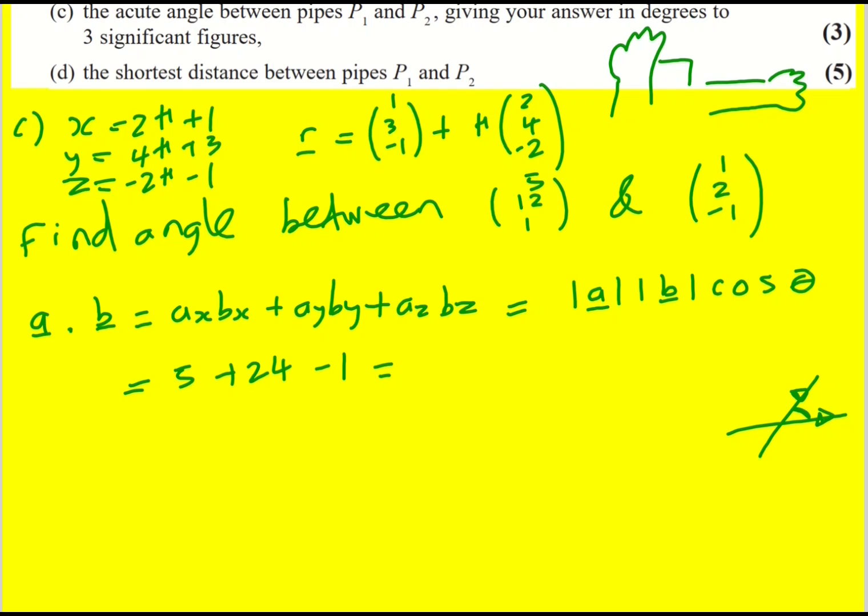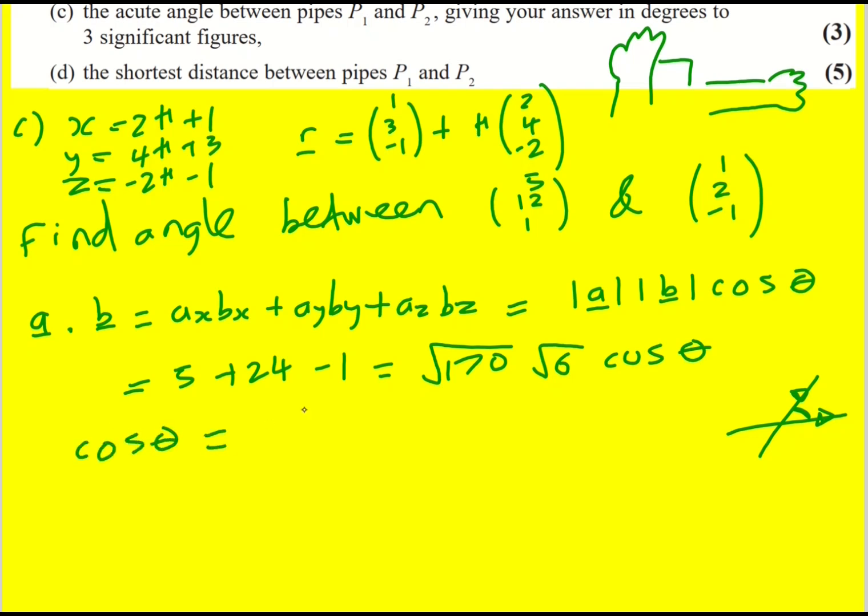So I'm going to do 5 squared plus 12 squared plus 1 squared, then square rooted, to give me the length of a, so that's root 170. And then 1 squared plus 2 squared plus minus 1 squared is root 6. Then 5 plus 24 minus 1 is 28.